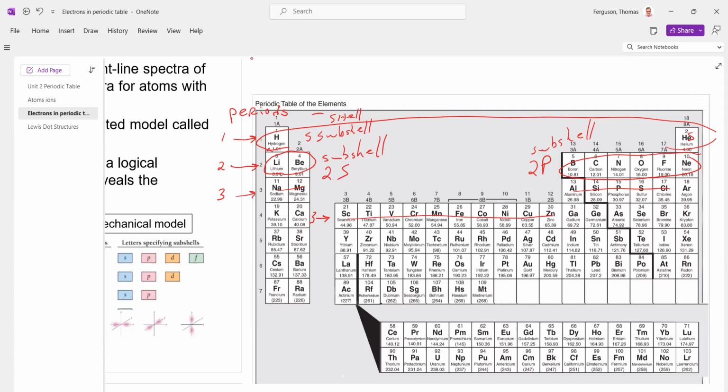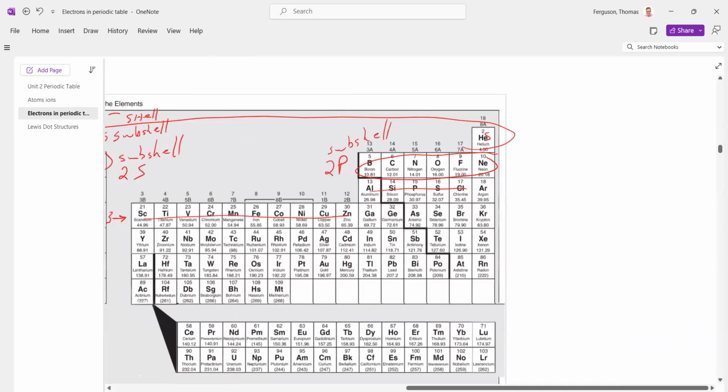Okay. So if we were going to actually write down the electronic configuration for lithium, it would be 2 electrons on shell 1 in subshell S. Okay, that takes care of 2 electrons. And then we have 1 in subshell S on shell 2.